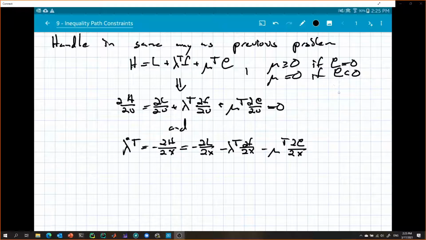If we apply this rule for mu, we only need to consider the problem changed if c is equal to 0, and where c is less than 0, we get our normal dynamics.